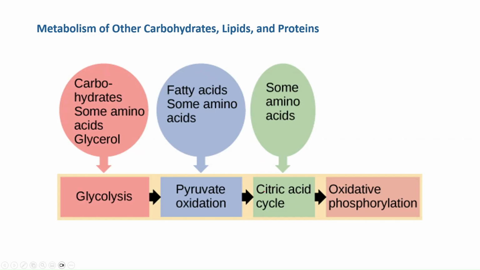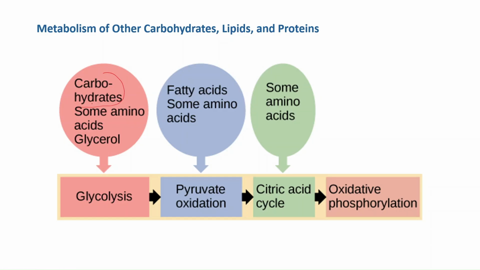Now, what happens to the other food? Because this is very easy. If you have glucose, I see how you get energy. But I don't need glucose. I eat steak and potatoes and rice and vegetables and all of that. Okay. Carbohydrates can be broken down into glucose. Okay.